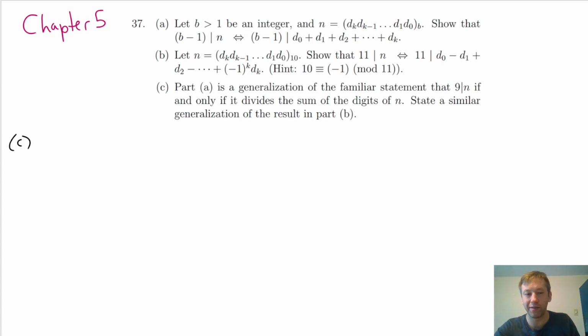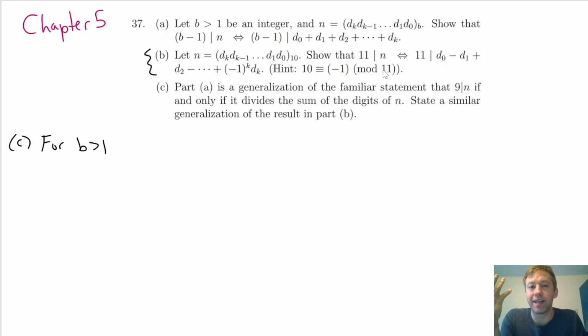This is asking you to spot the pattern. Basically, we want to generalize part B to some kind of statement for a base b bigger than 1. What is part B saying?